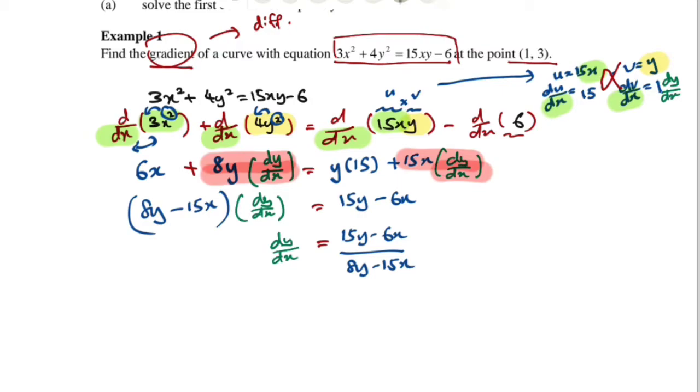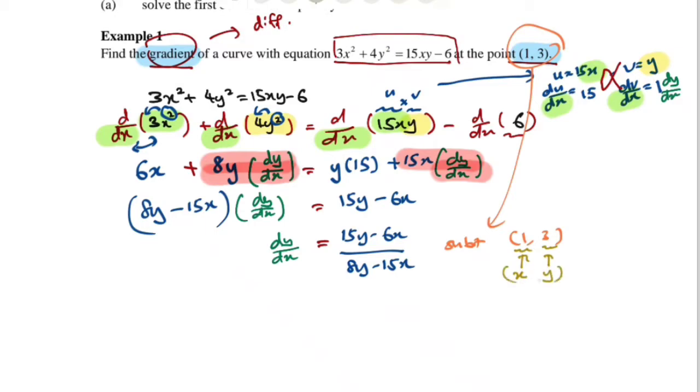But now we want to find the gradient at the point 1, 3. So this is not done yet. To find the gradient at the point 1, 3, what we have to do next is to substitute point 1, 3, where the point 1, 3 here refers to a coordinate. So the first number 1 in the front here refers to x, and the next number behind here is y.